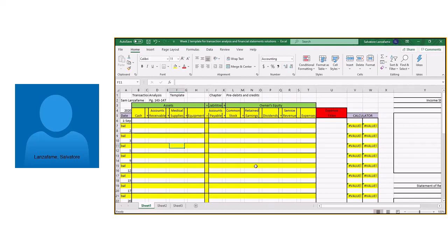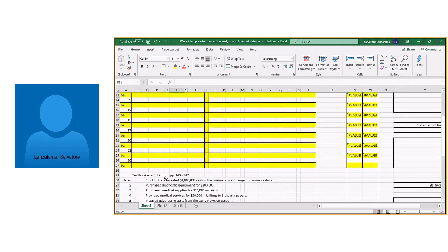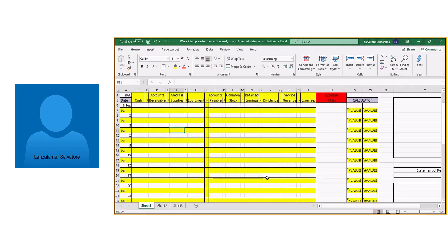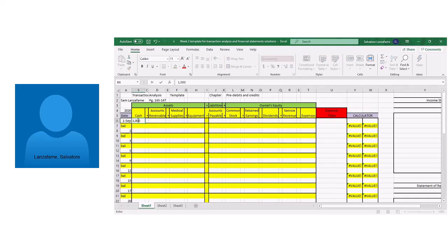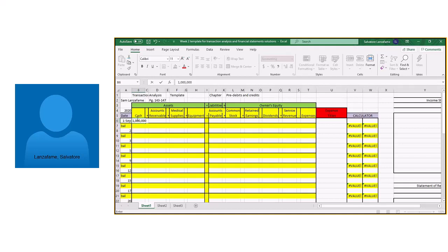If you read that, you come to the conclusion that the stockholders have invested $1,000 cash in the business in exchange for common stock. So the company's cash is going to go up by $1 million. And at the same time, by the way, if you're ever working in Excel and you see these little hashtags or dollar signs, it just means your column is not wide enough.